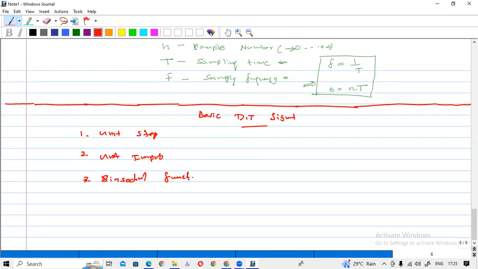Normally these are called sequences. Discrete time signals we can also refer to as sequences because we have some sequence of values. So we have to learn these three types of basic discrete time signals.